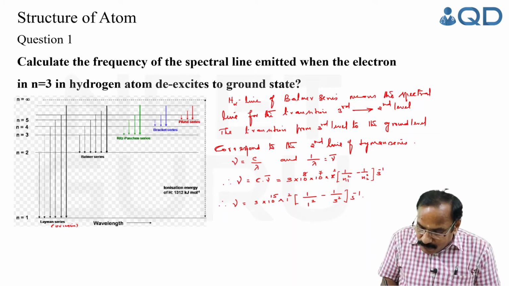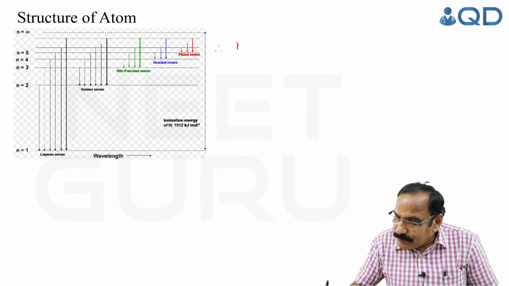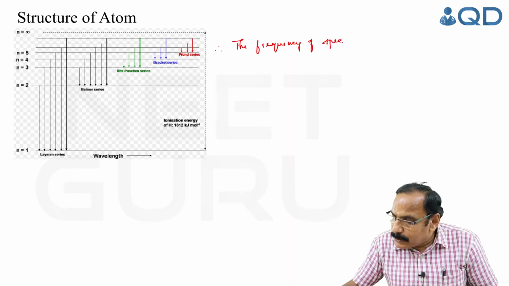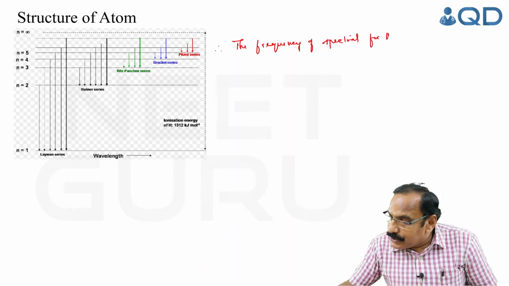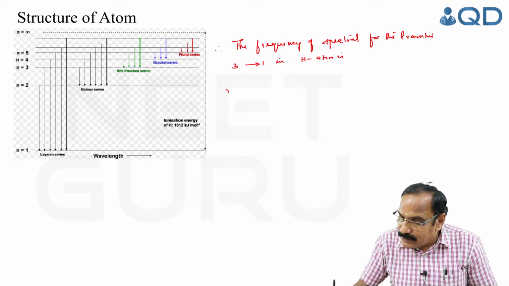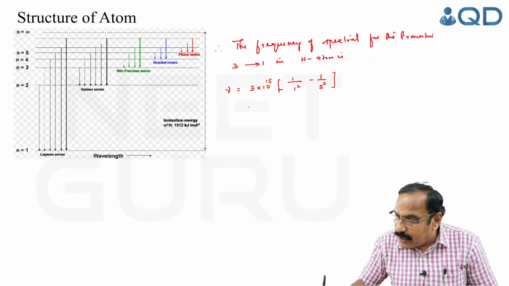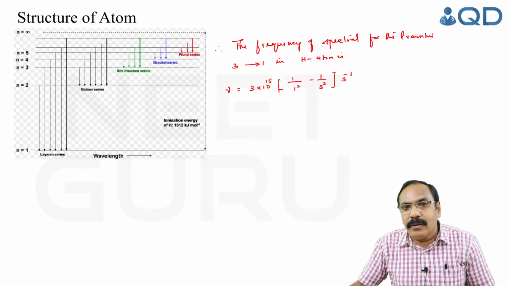Therefore, the frequency of the spectral line for the transition 3 to 1 in the hydrogen atom is frequency equal to 3 into 10 to the power of 15 into 1 by 1 square minus 1 by 3 square, in second inverse or hertz.